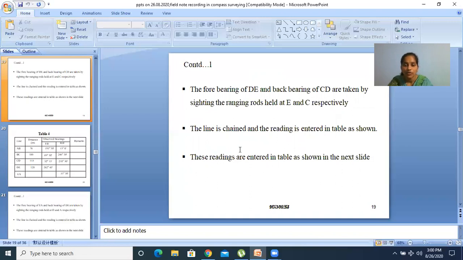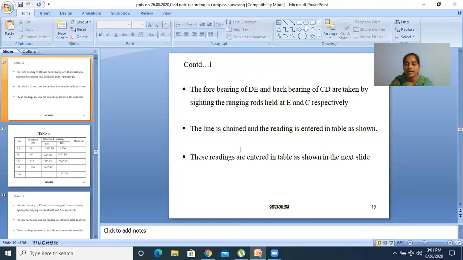So after centering, leveling, and adjusting the prism, from D station we are taking the forward bearing of DE and the back bearing of CD, by sighting the ranging rods held at E and C stations respectively. The line is sighted and the reading is entered in the table as shown in the next slide.